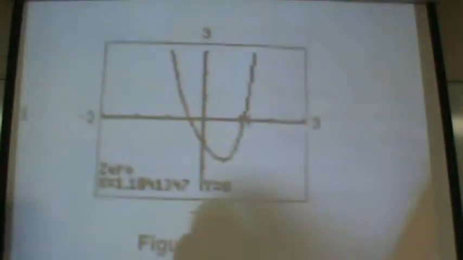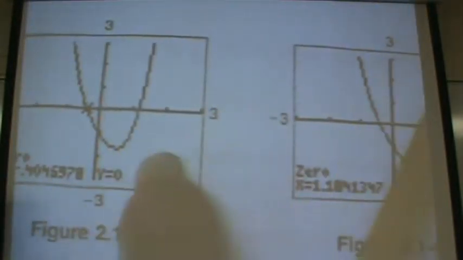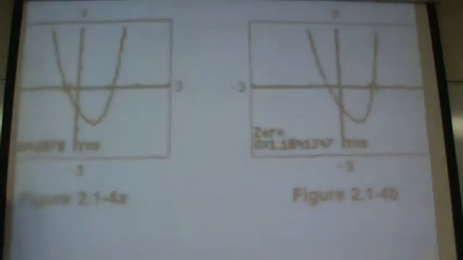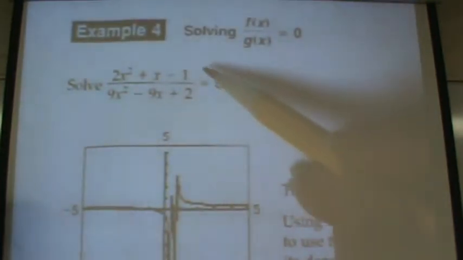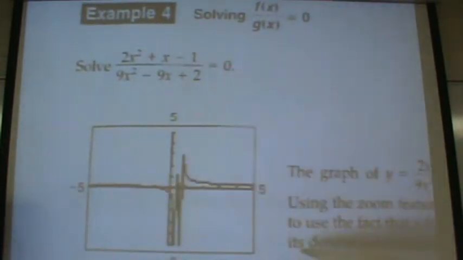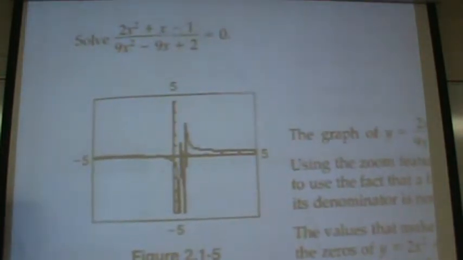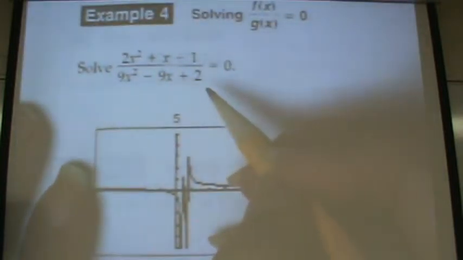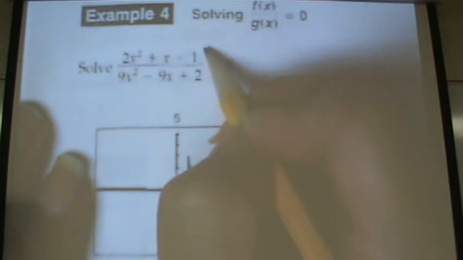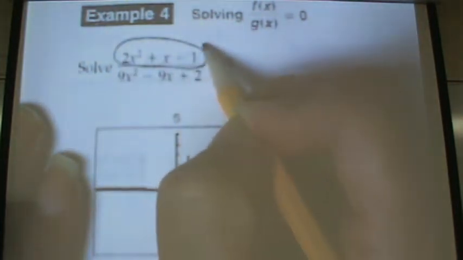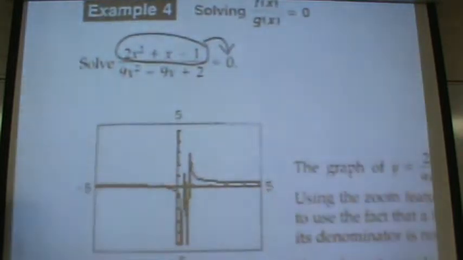And by the way, on the top, I showed you what the graph looks like. Now, for this one, example 4, if you were to plug this whole thing into your calculator, this is the ugly picture you would get, which is really hard to see. So we learned that if you have a fraction set equal to 0, the numerator must be equal to 0.